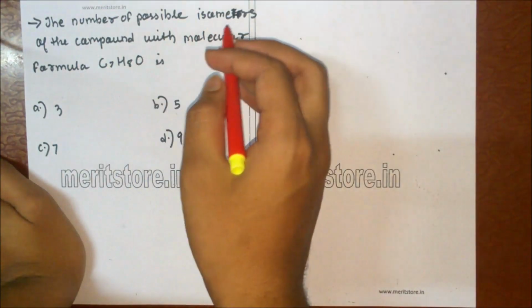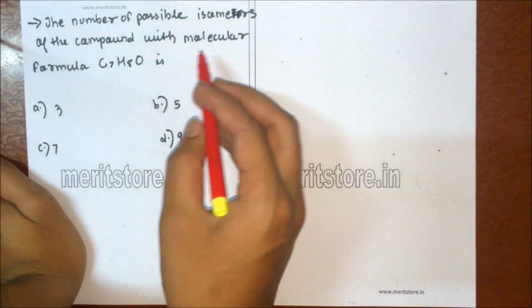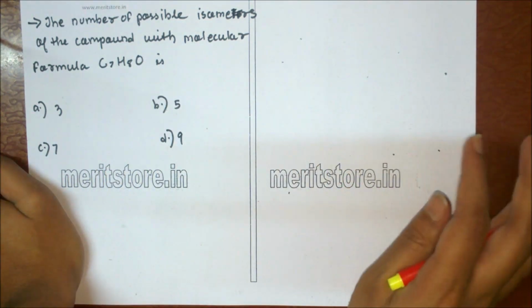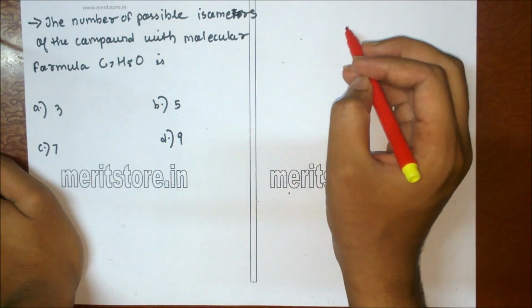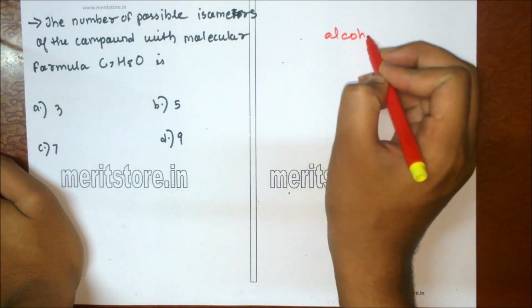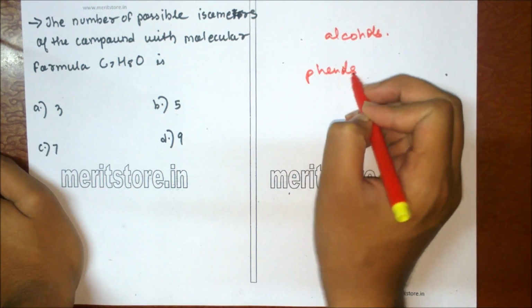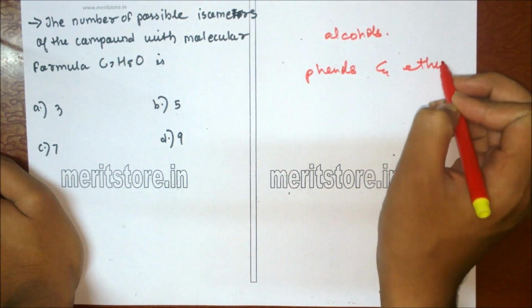The number of possible isomers of the compound with molecular formula C7H8O is, remember that aromatic alcohols are isomers of phenols and ethers.